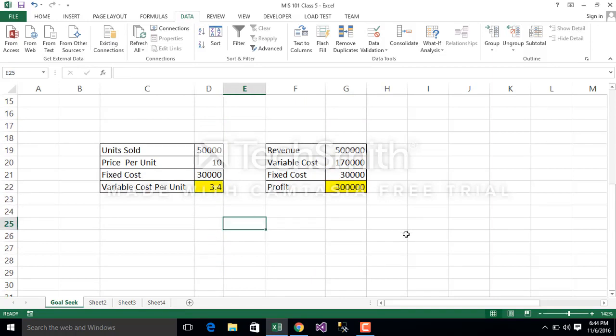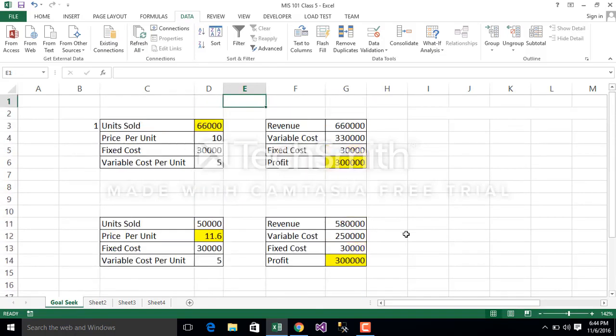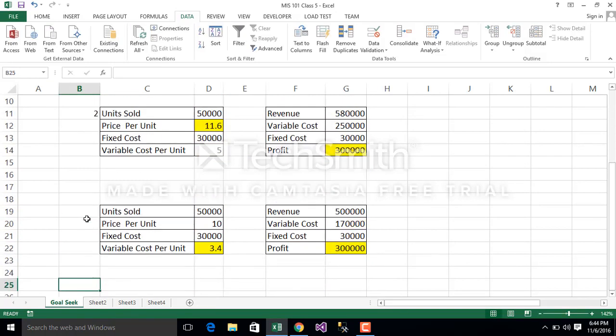And in each problem, goal-seek provides the exact number to do. So this is a very useful formula for business decisions. We can use it in different types of decisions.